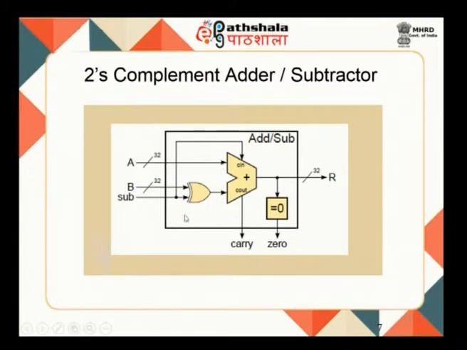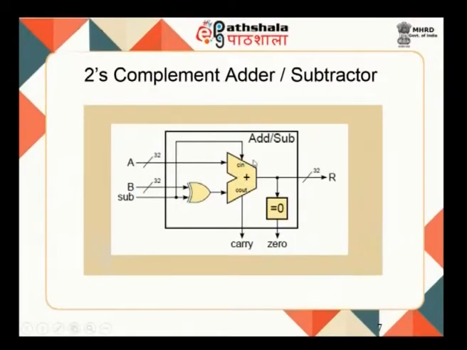Now, you know that the 2's complement of a number can be formed from the 1's complement by just adding 1 to it. That 1 gets added here when you give the add sub signal as the third input here. So, if it is a subtraction operation, this line also becomes a 1. So, that 1 gets added; this produces the 1's complement of the number plus 1, which will give you the 2's complement of the number.